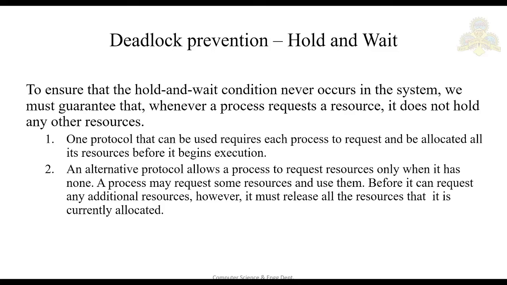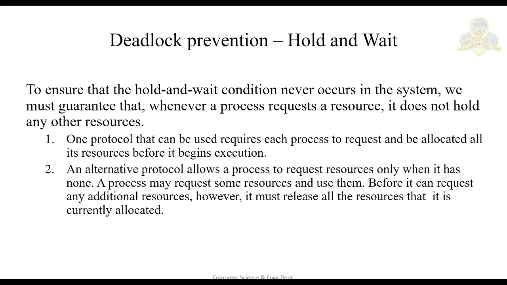One protocol that can be used requires each process to request and be allocated all its resources before its execution. This means, suppose you have a process P1 and it requires 5 resources, for example a printer, CPU, and some other things.